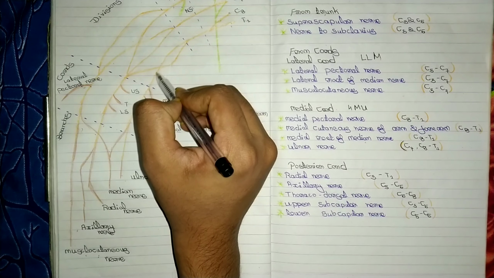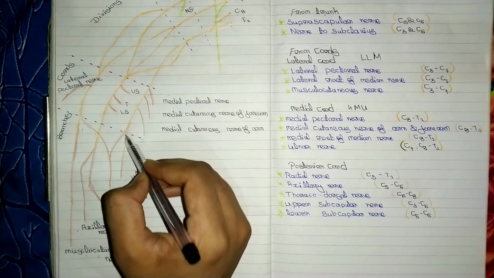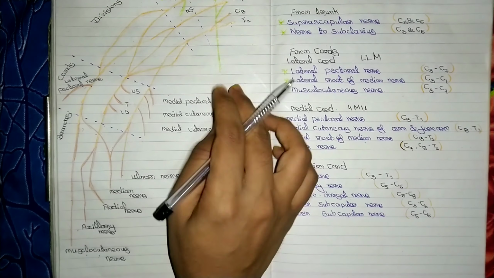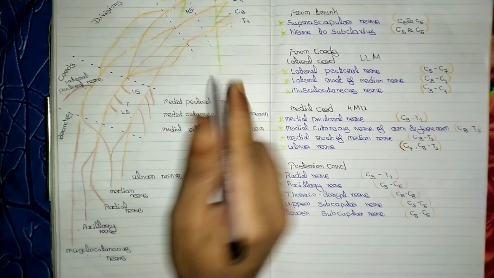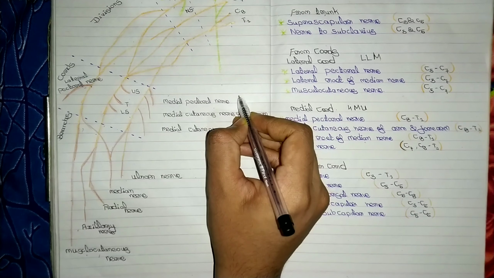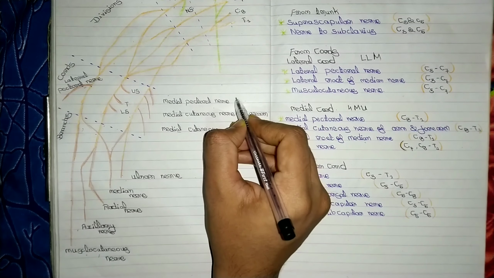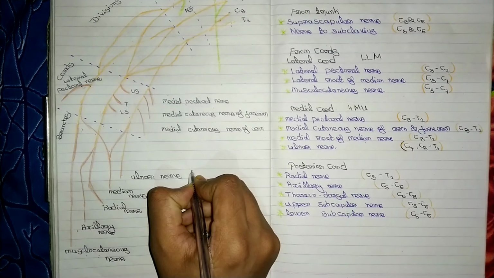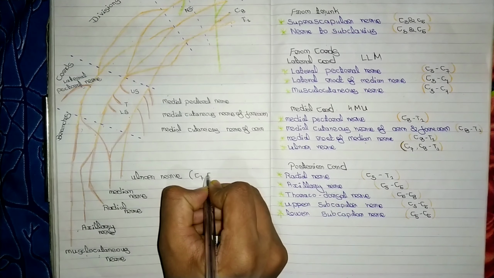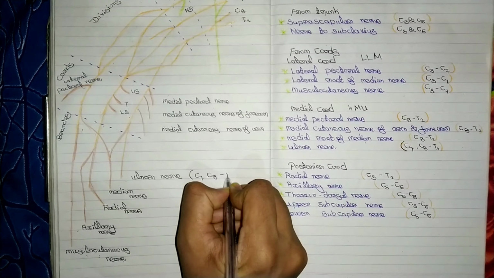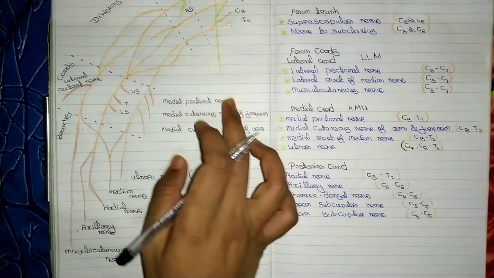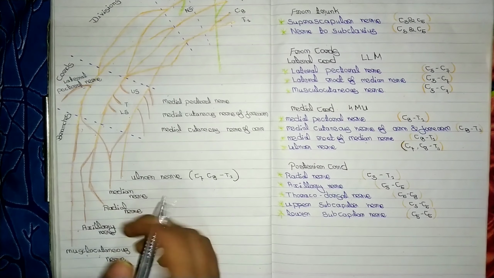The anterior division of the lower trunk gives this medial cord. So all the nerves arising from the medial cord should have root value C8 and T1, but exceptionally the ulnar nerve has C7, C8 and T1. This is one exception. The rest are all C8 and T1.